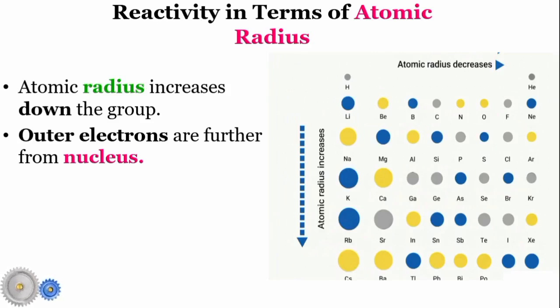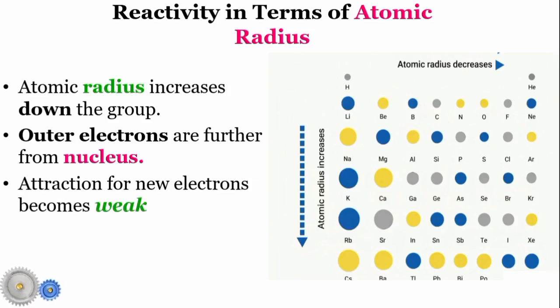As the number of shells keeps on increasing, the reactivity keeps on decreasing. So the bigger the atomic radius, the lower the reactivity of that particular element.